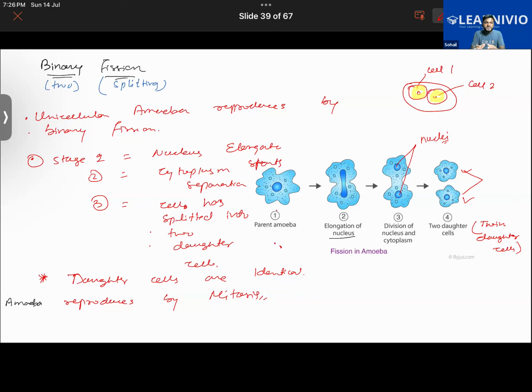So in this process, the cells would be dividing and creating exact copies of themselves. It is happening inside our body also. For example, the cells of our muscles, cells of our skin, cells of our bones, most of the cells in our body are doing mitosis.